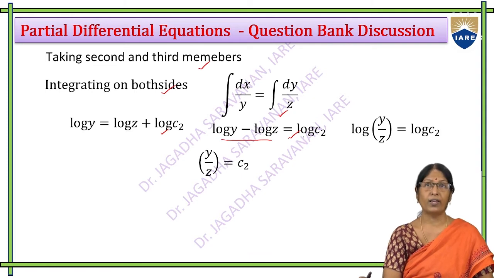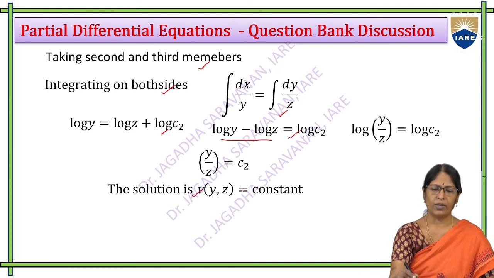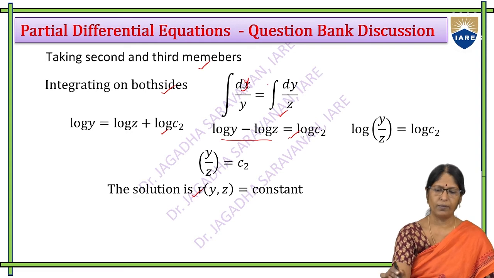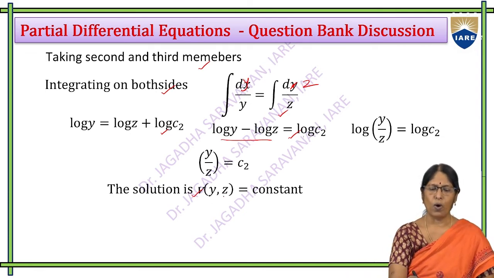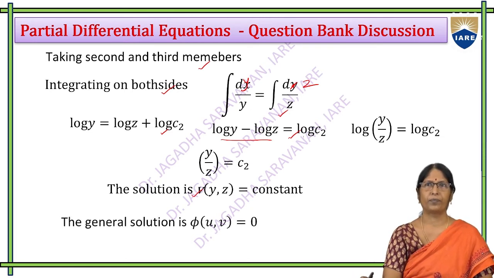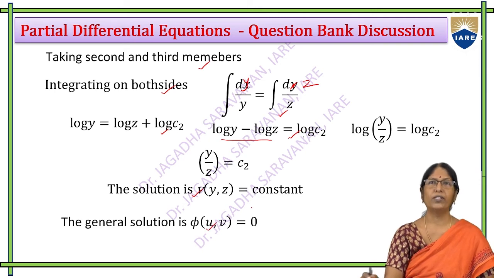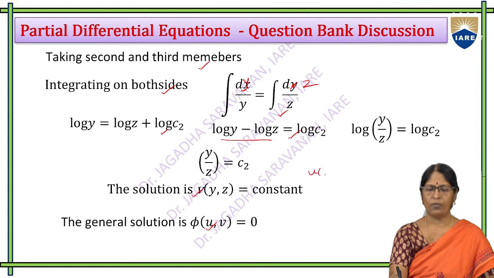So we have taken the second and third member. So by default, v of the second member, here dy should be there. This is dz. So typing one, here dy, this is dz. So v of y comma z is equal to constant. So the general solution, actually: already we obtained the result u of x comma y equal to constant.